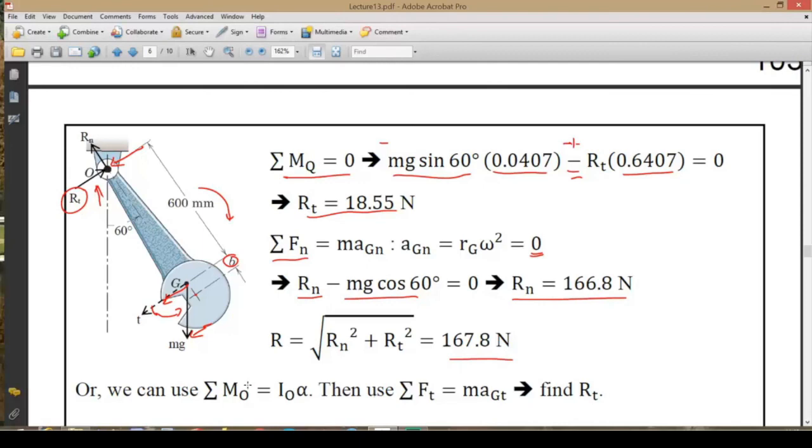Again, the other way that you can tackle this problem is by using the moment equation about point O, calculate alpha, use that alpha to calculate the acceleration at the mass center, and then work out the equation about the tangential component of the force equation of Newton.